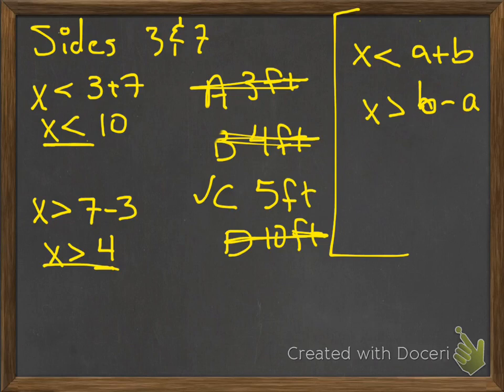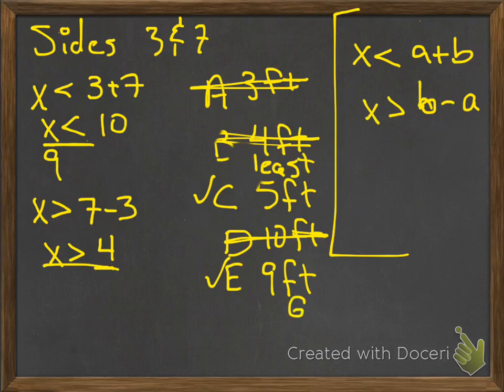So 5 would have been the answer there, and that would represent the least amount, if you want to put it like that. Now, keep in mind that if you added another one, let's say 9 could work because it's less than 10, and that one would represent the greatest amount.